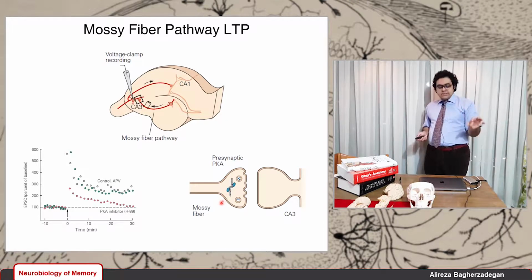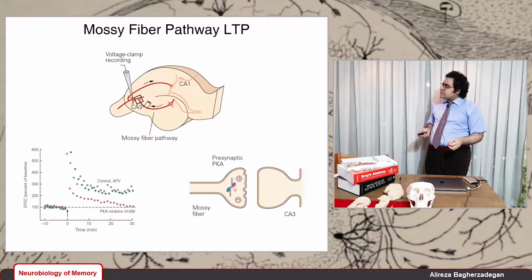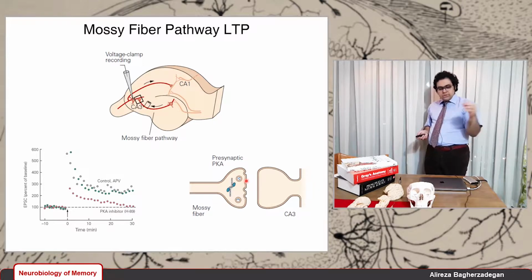And then the protein kinase A phosphorylates a synaptic vesicle protein called RIM1 alpha, which is associated with other proteins important for exocytosis and release of these synaptic vesicles. And so by doing that, protein kinase A actually augments the transmitter release. But when we inhibit that, we don't see the synapse being strengthened much.